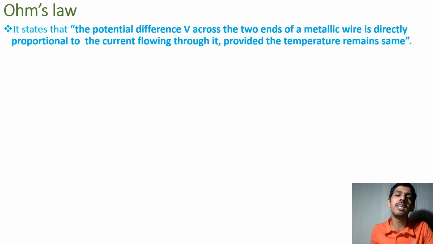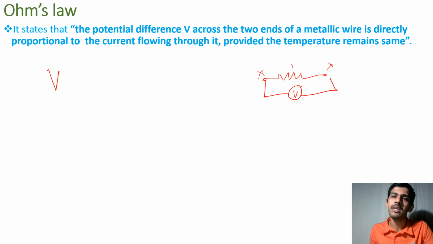Let us see the meaning of this. So the potential difference V across what? Across the two ends of a metallic wire. There the metallic wire we have used is the nichrome wire, right? So nichrome wire we have used. So there is a resistance like this, represented by X and Y. Across it we have connected a voltmeter.